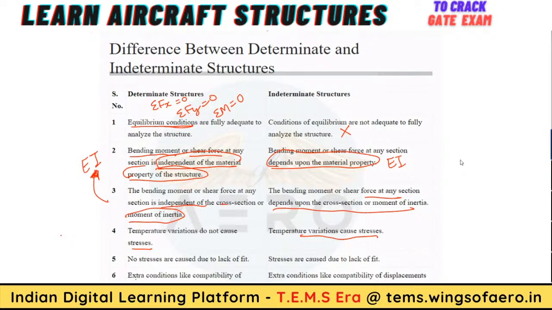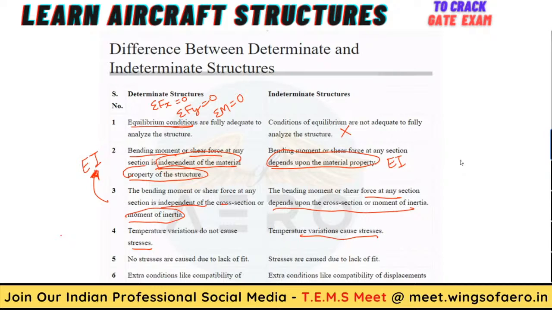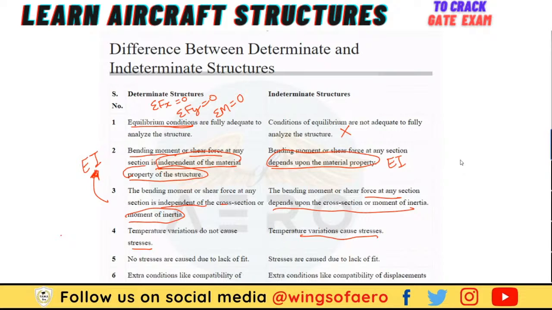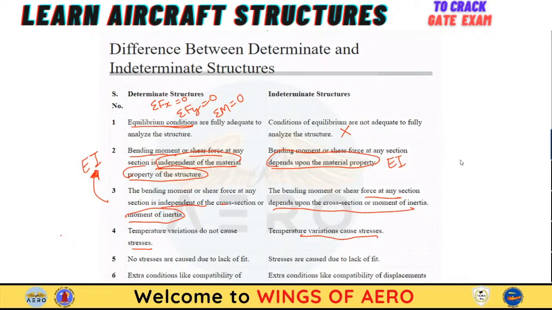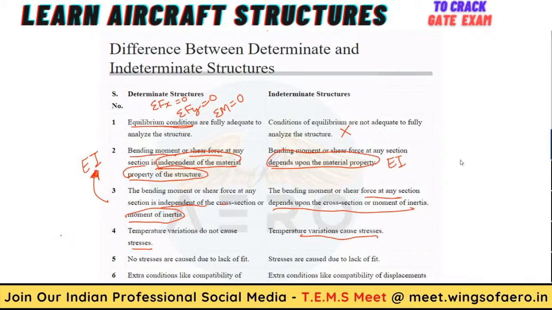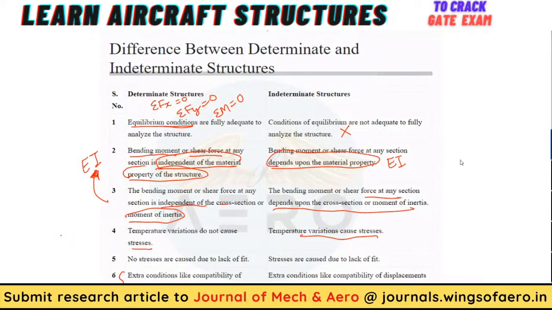Then the last point is that extra conditions like compatibility of displacement are not required to analyze the structure. Here we don't need it, unlike when you solve a strain energy problem, a Castigliano problem, or a virtual work done problem, where we need to know the displacement, the slope angle, or the area method formula. But in a determinate structure, these are not required.